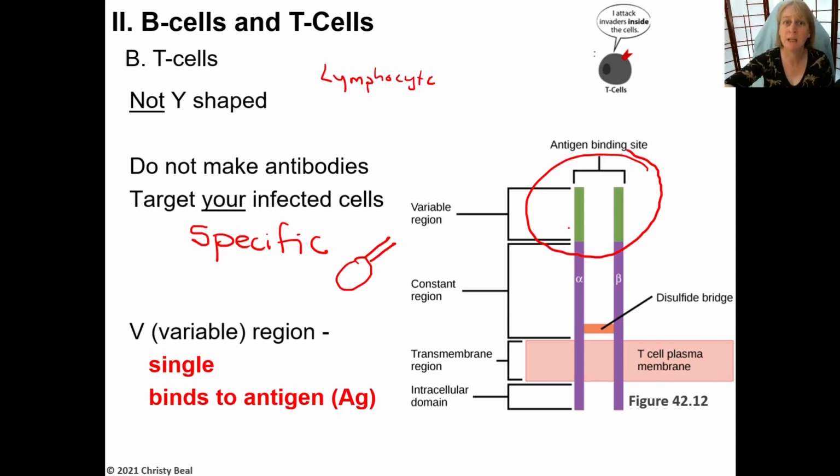If your cell is making something that is not you, so it's making a virus protein, it's making something that's very wrong, your T cells can bind with it and trigger a cascade of responses that are going to destroy your sick cells.